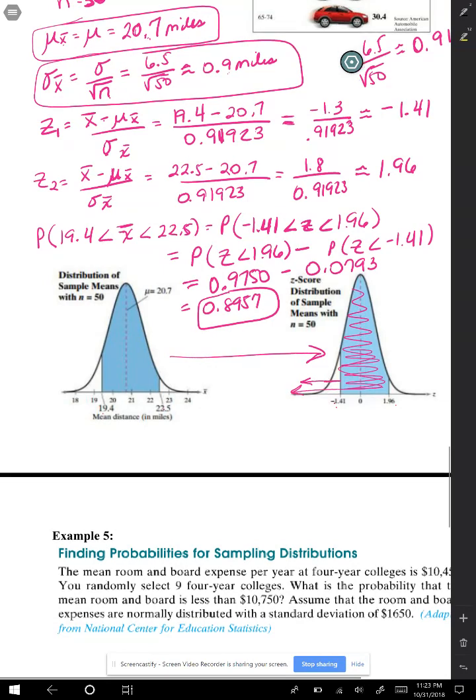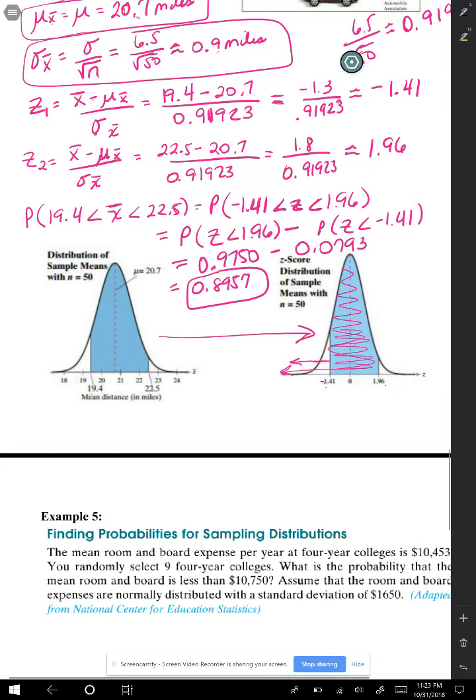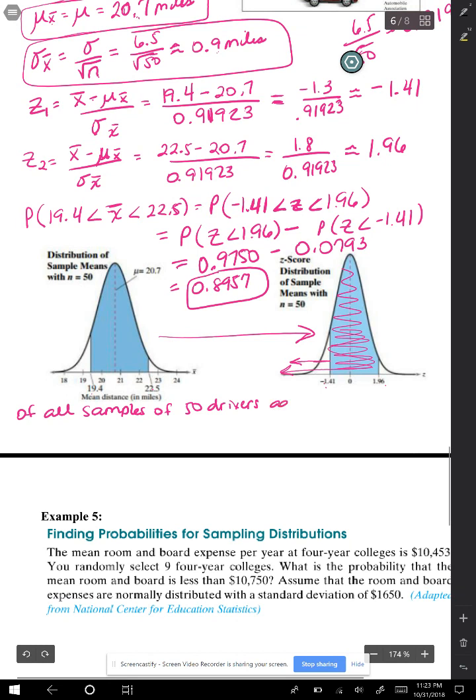Okay, the interpretation here, putting this back into words, because a lot of times that's what you have to do on the test: once you find your answer, you have to describe what you found. So the answer in this is, of all samples of 50 drivers, and again, we were focusing just on the ages 16 to 19, we ended up with 0.8957, so that's about 90%.